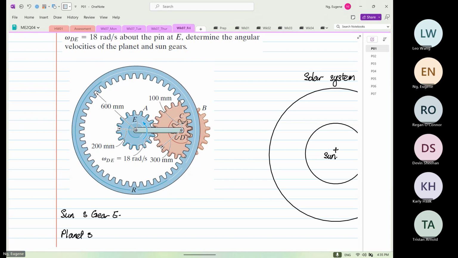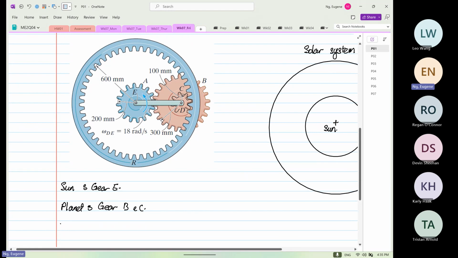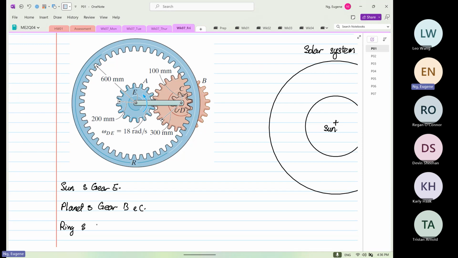Which gear? Gear B and gear C are fused together. And which is the ring? The ring is our gear R.